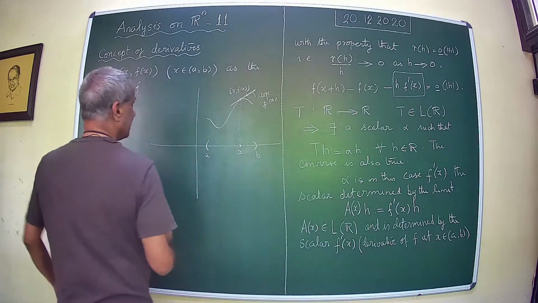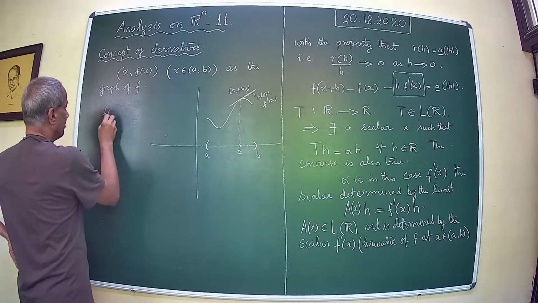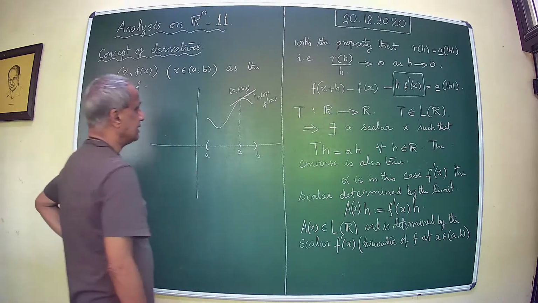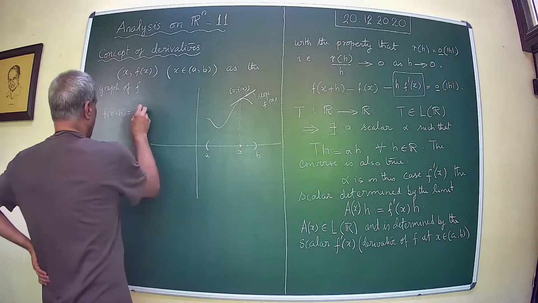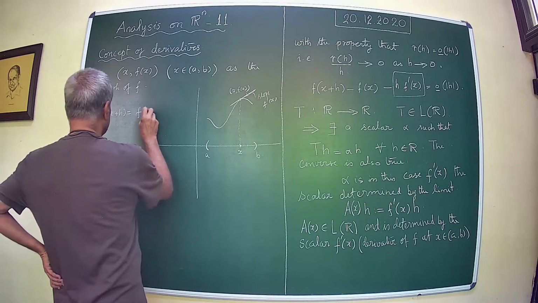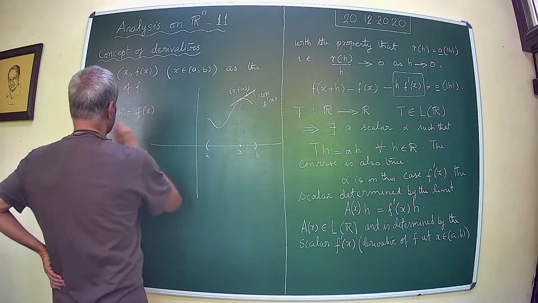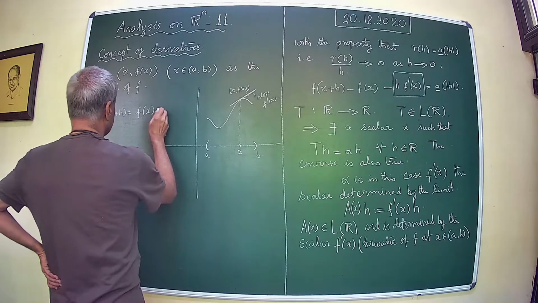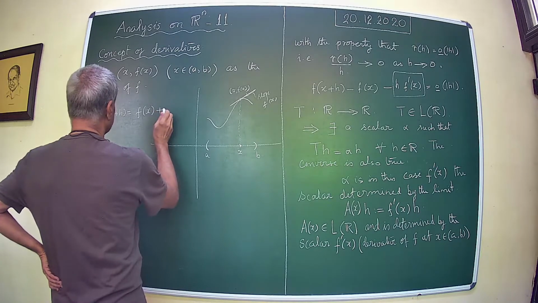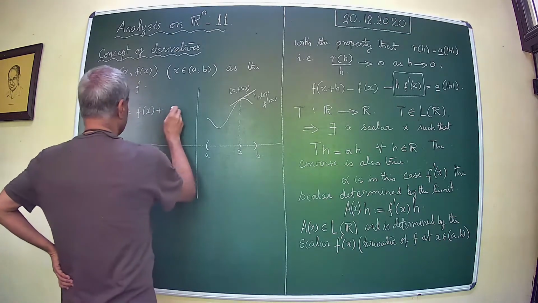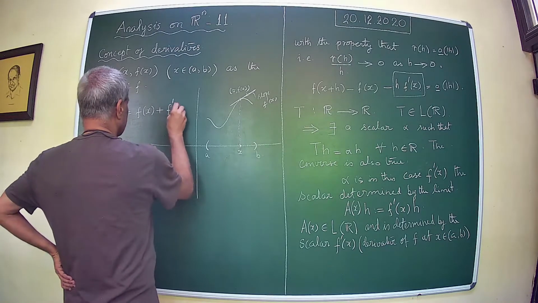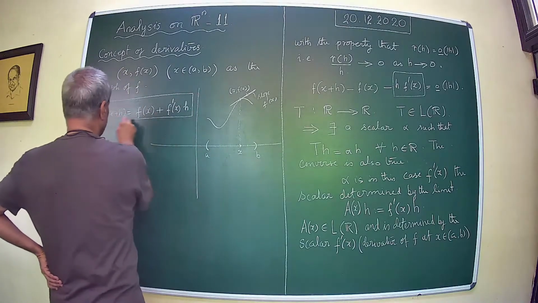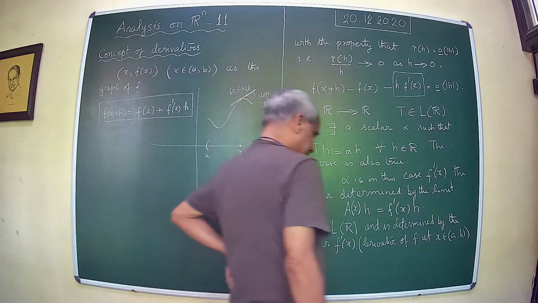So you have f of x plus h equal to f of x plus, now this gives the equation of this one, where h is the new variable.